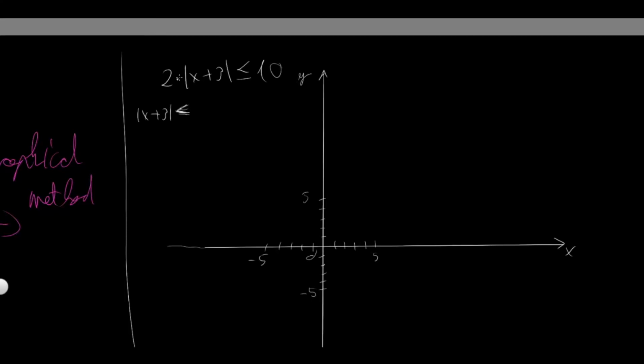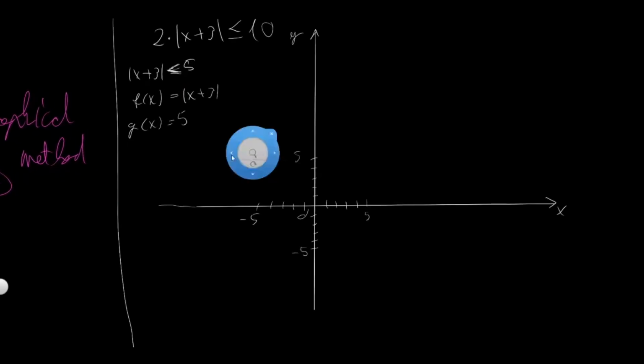Let's say that the first is f of x, which is the absolute value of x plus 3, and g of x, which is 5. And then we come back to this relation as well. Less or equal. Okay. This is going to be orange, and this is going to be purple. So let's use this orange.